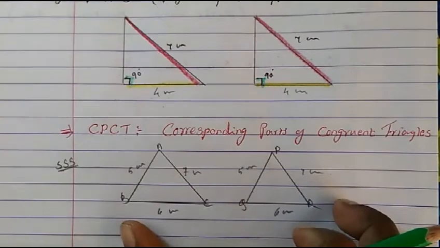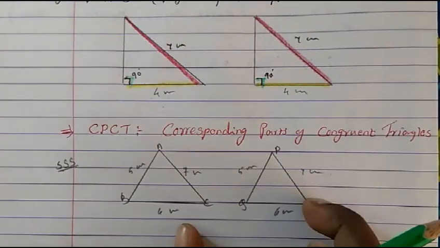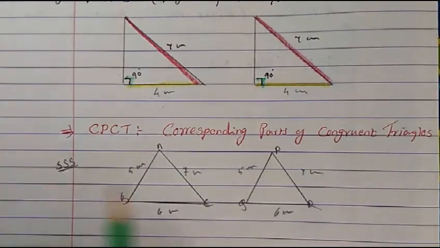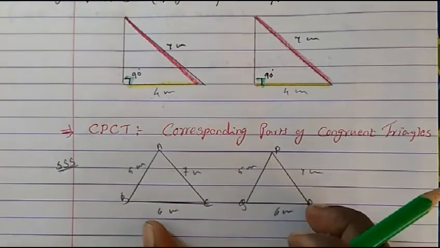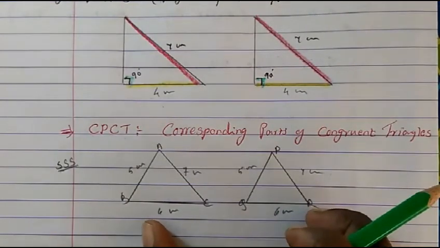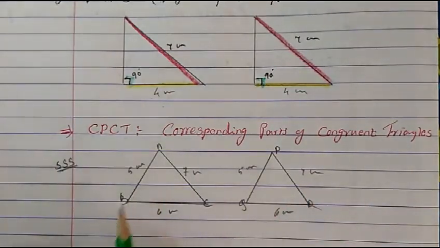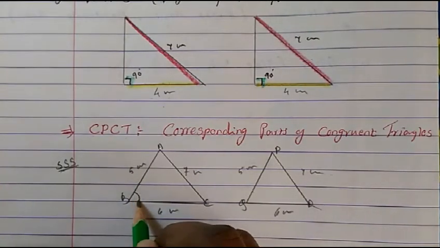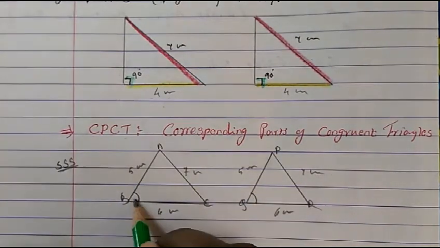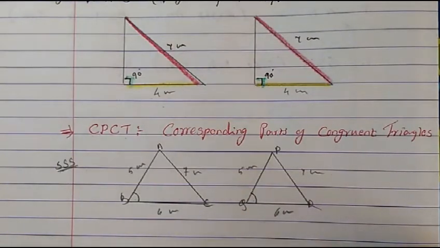So what is the meaning of congruent? By this condition we are saying both the triangles are same to same. If both the triangles are same to same, then their angles also will be same. When all 3 sides are same, their angles also will be same. This angle will be equal to this angle. How do you say that?